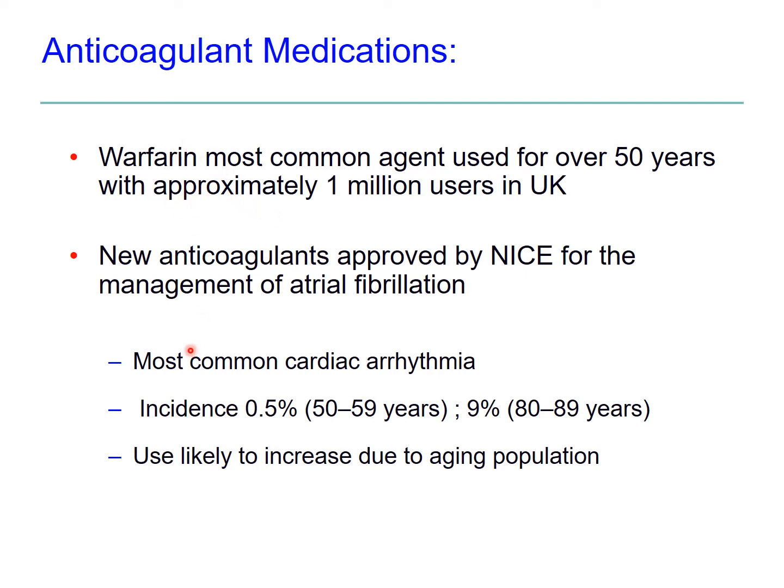In addition to warfarin, NICE has approved some other anticoagulant medications for the management of atrial fibrillation, which is one of the most common form of cardiac arrhythmia, and the incidence is around 0.5% in patients 50 to 59 years old, and as high as 9% in patients 80 to 89 years old. So the use of newer anticoagulants such as dabigatran, rivaroxaban, and apixaban is likely to increase due to aging population in the UK.